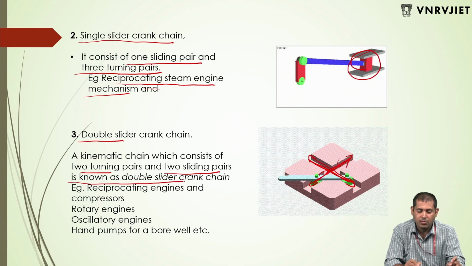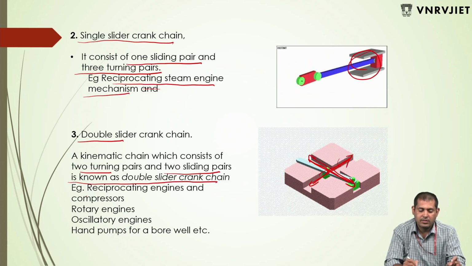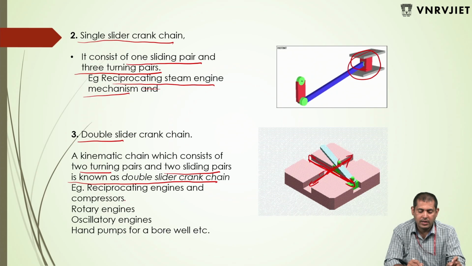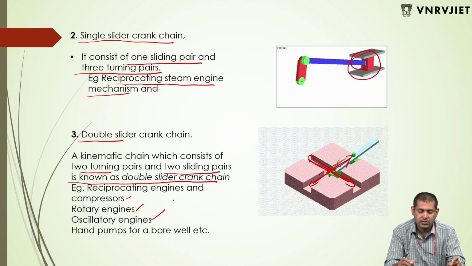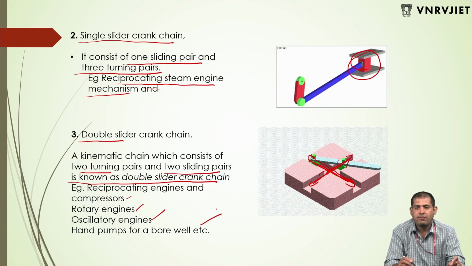Examples are reciprocating engine and compressor, rotary engines, oscillating engines, and hand pump for a borewell. These are examples of the double slider crank chain.